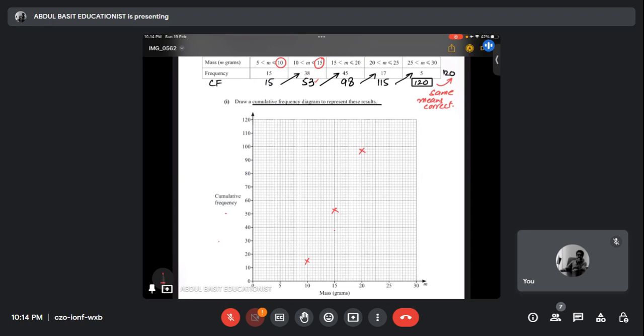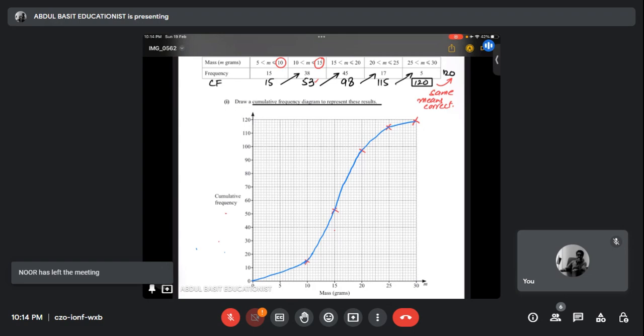And on 25, it's 115, which is right in the center between 110 and 120. And the last, on 30, is 120, so that is my last point. So to draw the cumulative frequency curve, we have to start from this and make it like a curve. Look, here it is a bit difficult for me with the pencil, but you people should not have the problem on paper because a pencil is not like this. Okay, try to make it smooth, and go exactly through the center of the crosses. Look, like I am going through the center.